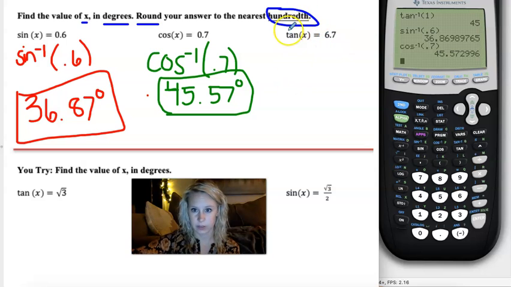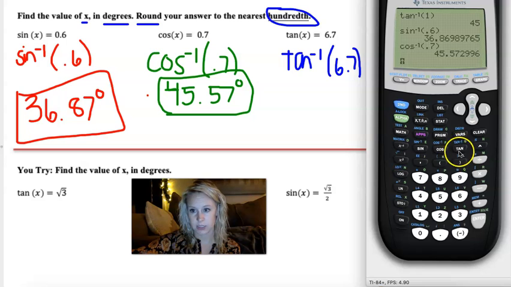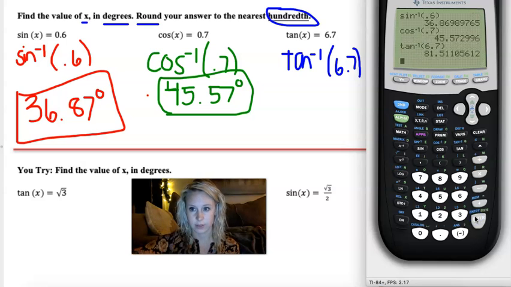The last one. The opposite of tan is tangent -1. And then in parentheses, put 6.7. So I'll press second, tan, 6.7, answer.